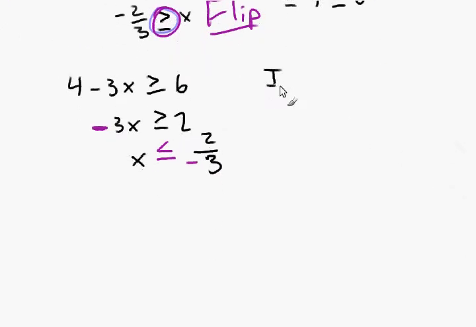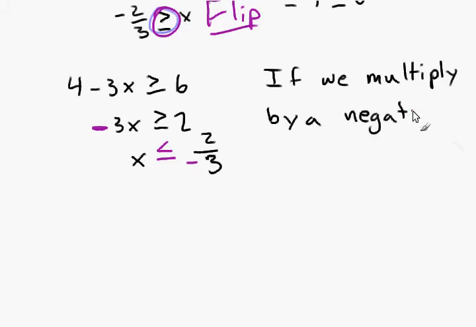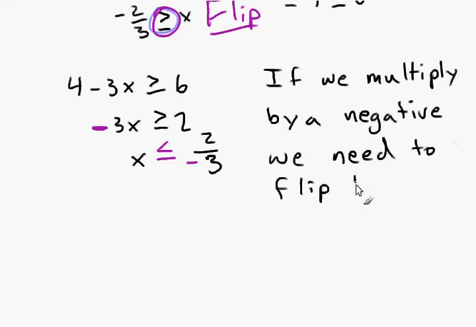So, if we multiply by a negative, we need to flip the direction of the inequality.